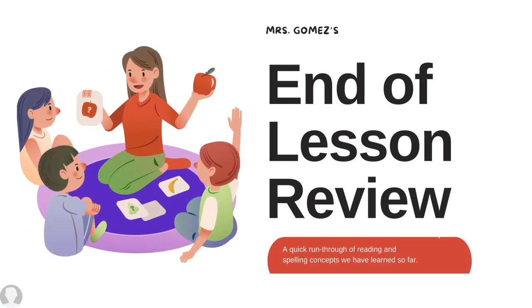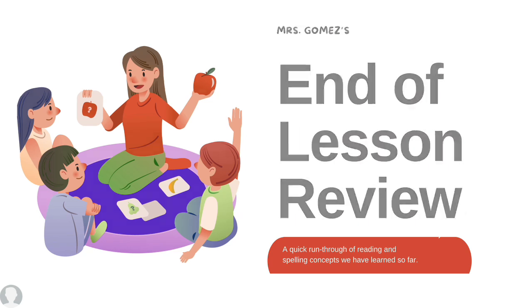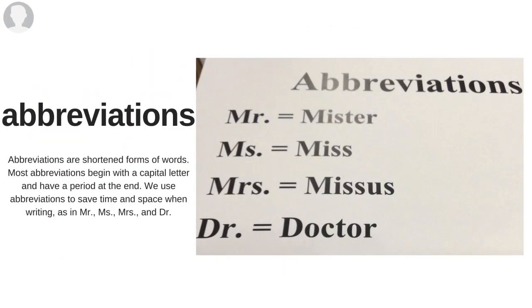Mrs. Gomez's end of lesson review. A quick run through of reading and spelling concepts we have learned so far. Abbreviations. Abbreviations are shortened forms of words. Most abbreviations begin with a capital letter and have a period at the end. We use abbreviations to save time and space when writing, as in Mr., Miss, Mrs., Doctor.